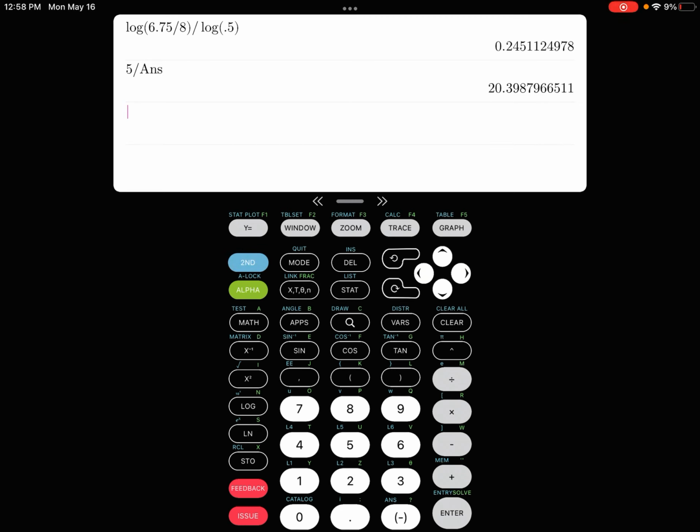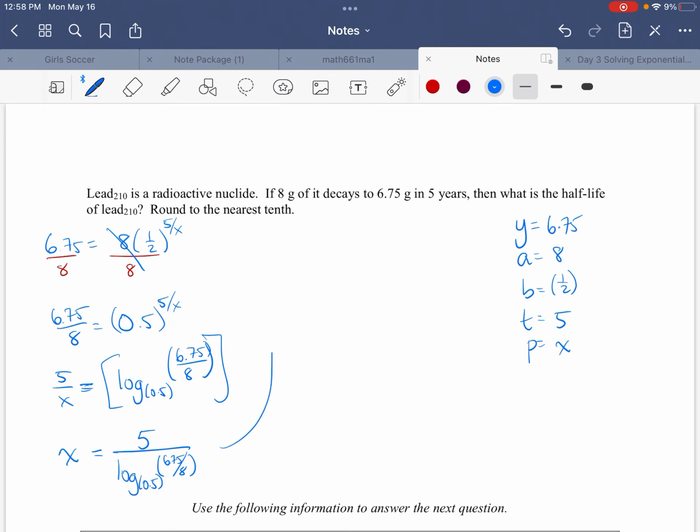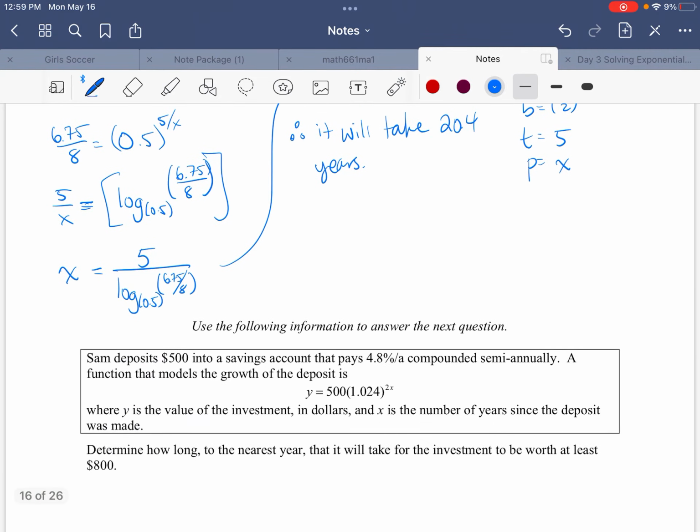And in this case, you get 20.39. So therefore, it will take 20.4 years. Or the half-life is 20.4 years, I should say.